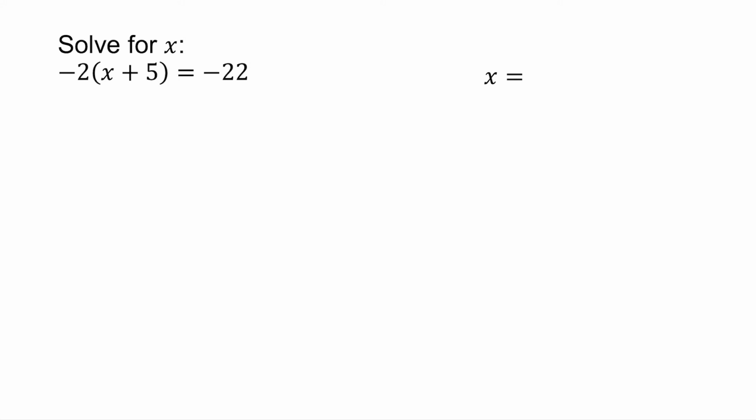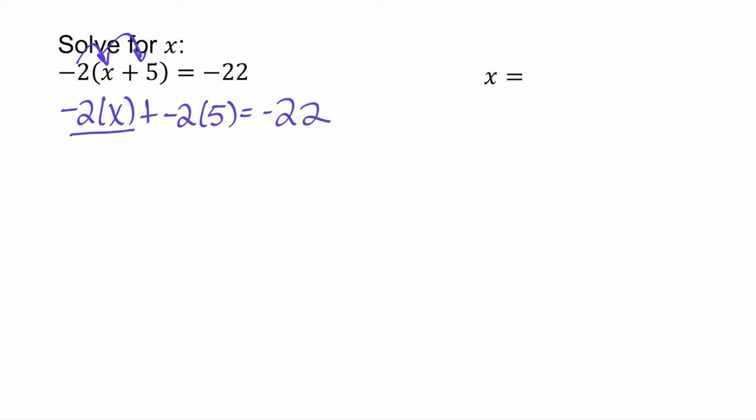So now if we're trying to solve negative 2 times (x plus 5) equals negative 22, we're going to start off by using the distributive property, because we have a factor that's in front of a parentheses. So I'm going to distribute the negative 2, which gives me negative 2 times x plus negative 2 times 5. That equals negative 22.